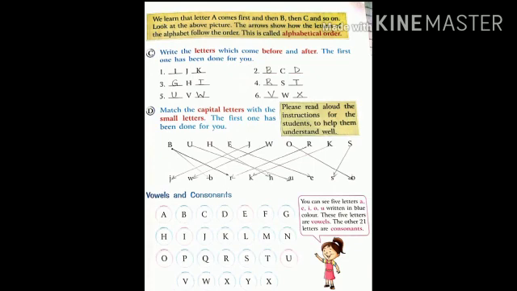For example, B, U, H, E, J, W, O, R, K, S. These are the capital letters. And J, W, B, R, K, H, U, E, S and O, which are written down, these are small letters. Children, we have to match the capital letters with the small letters.